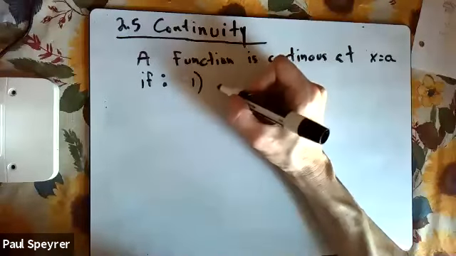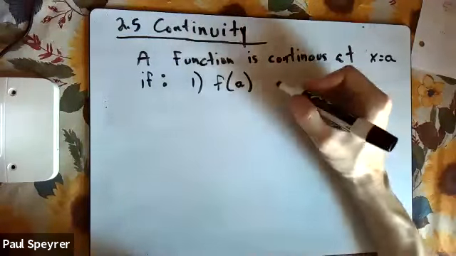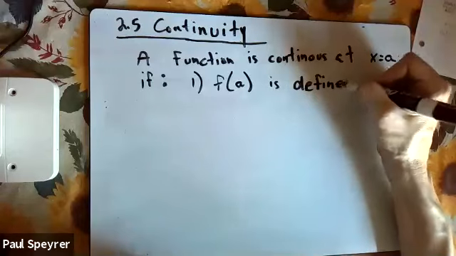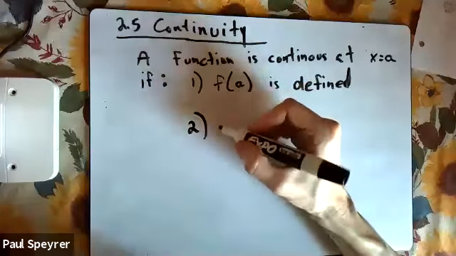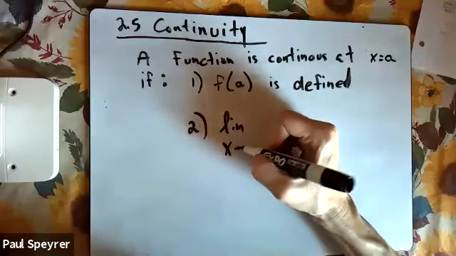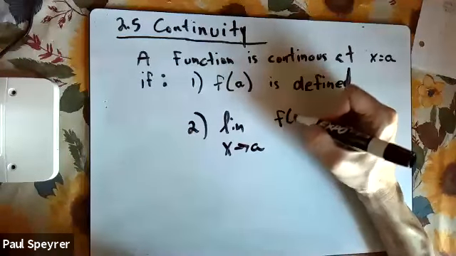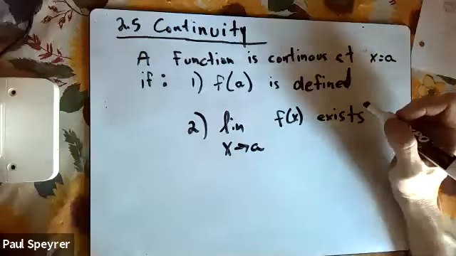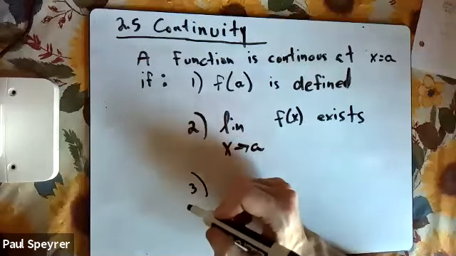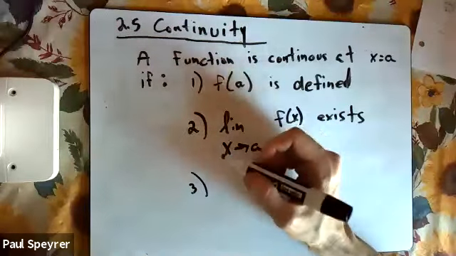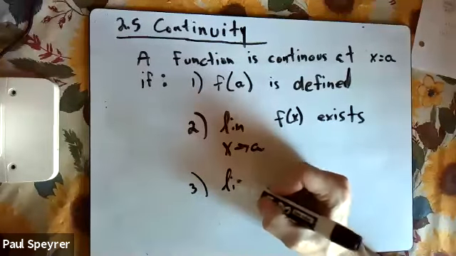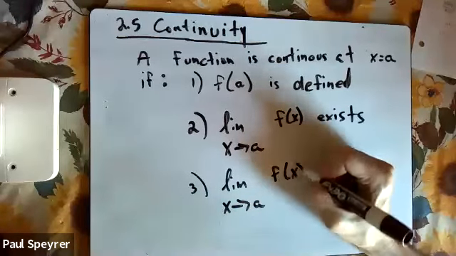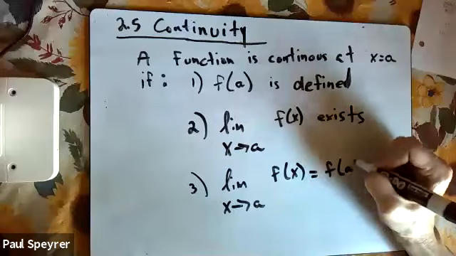The first one is if f of a is defined. The second one is if the limit as x approaches a of f of x exists. And then the third is kind of like you're wrapping up the first two together: if the limit as x approaches a of f of x is equal to f of a.